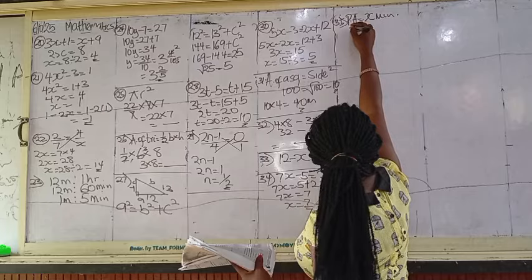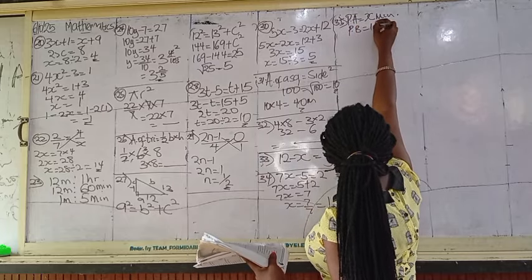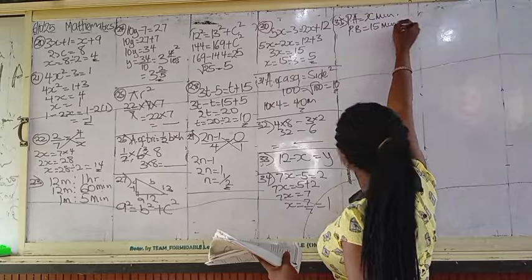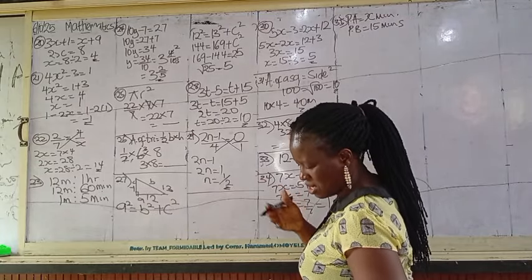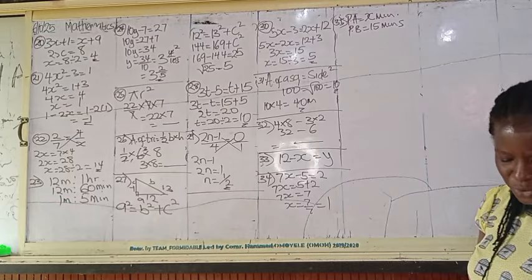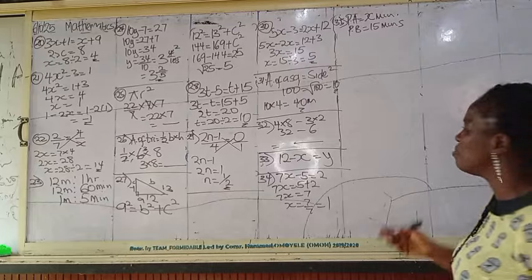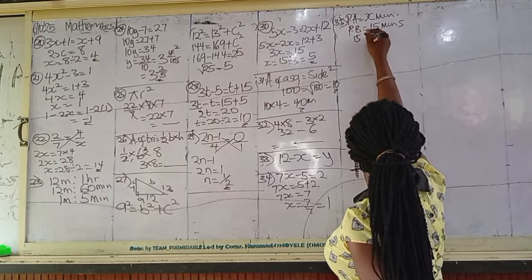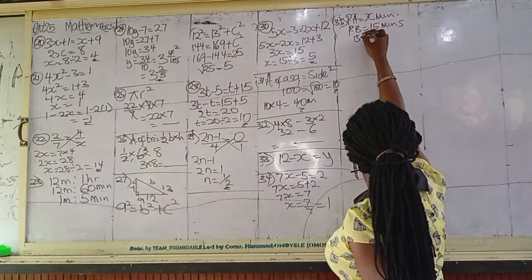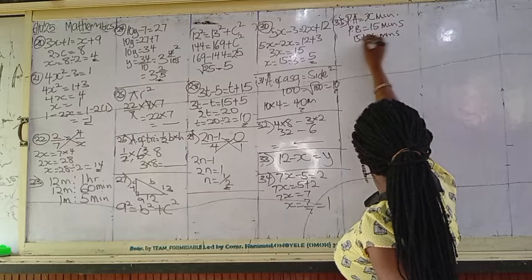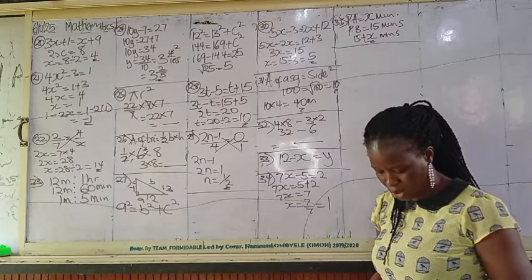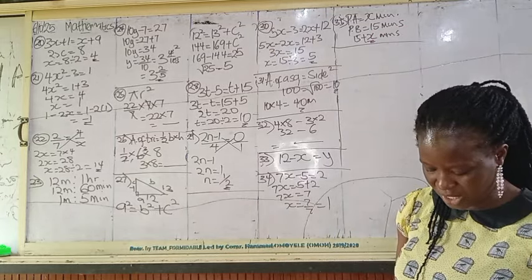In part B, he spent 15 minutes. So the question now is, how many minutes did he use for the whole exam? That would be 15 plus X minutes. I'm sure we should have it in our options. 15 plus X minutes, correct.